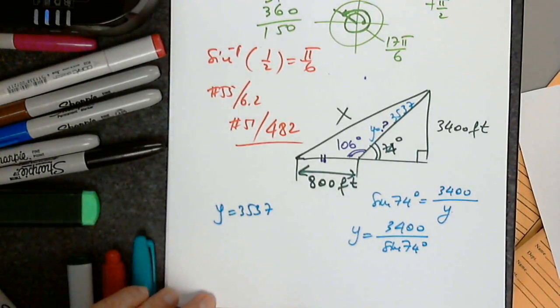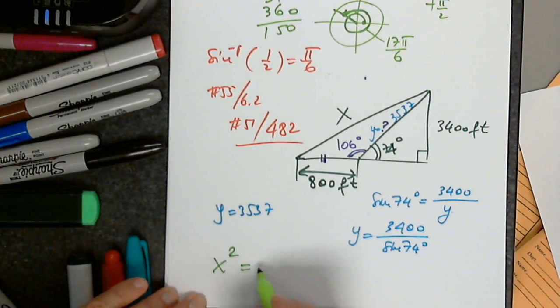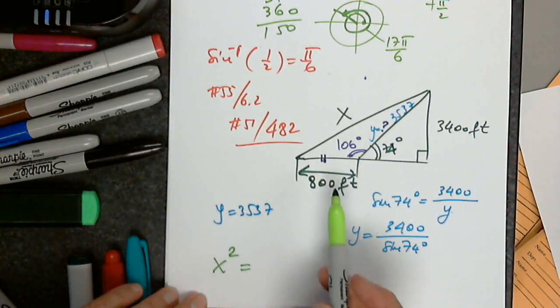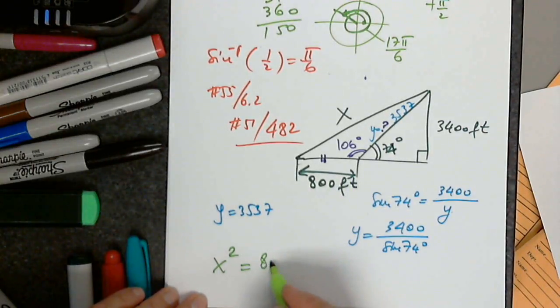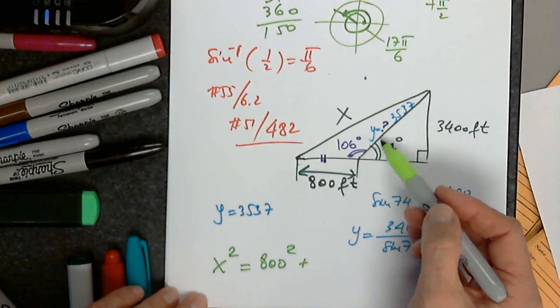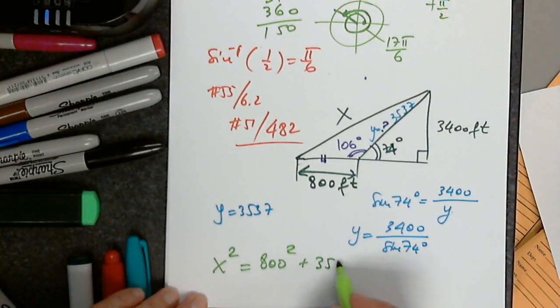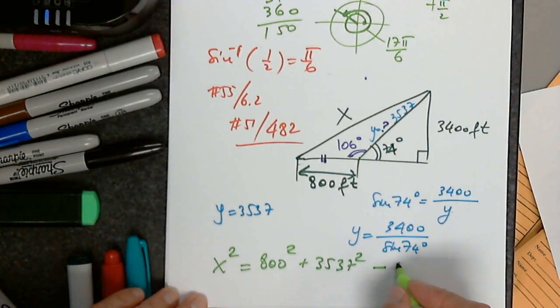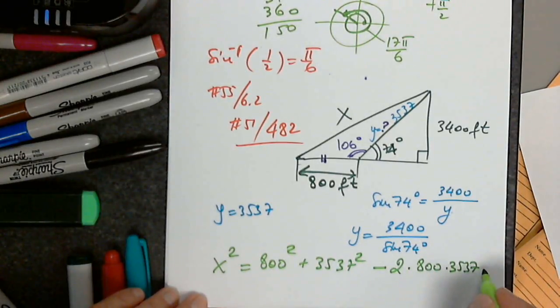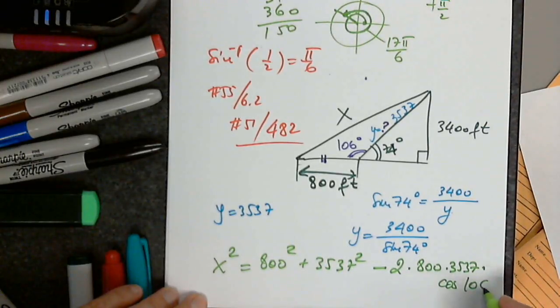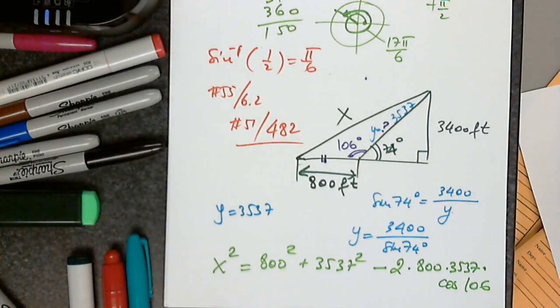We need x squared equals 800 squared plus 3537 squared minus 2 times 800 times 3537 times cosine of 106. Excellent. And take the square root from that. And it's done.